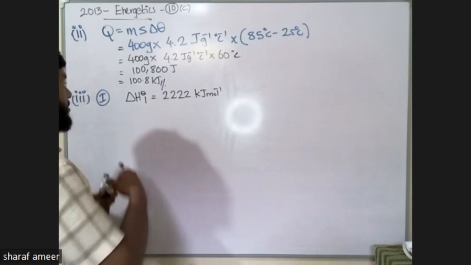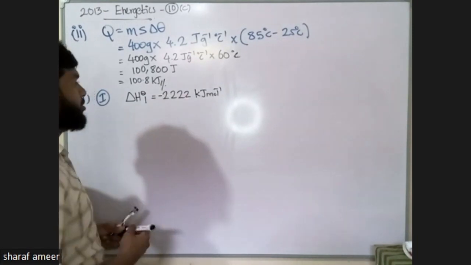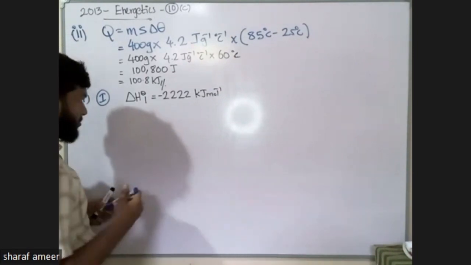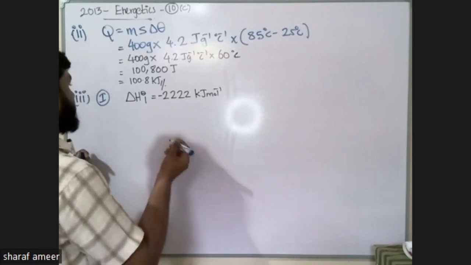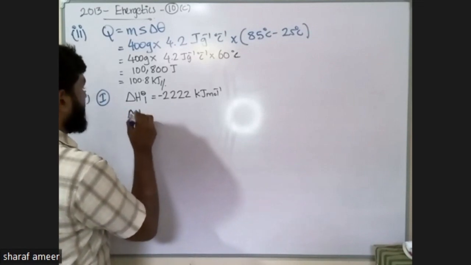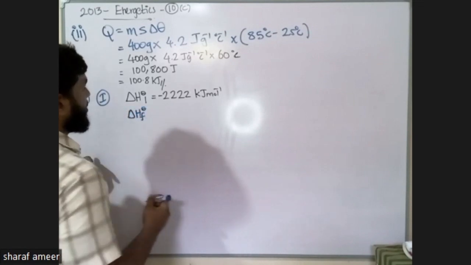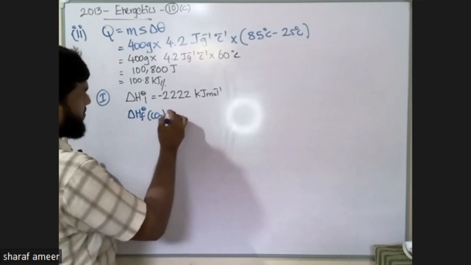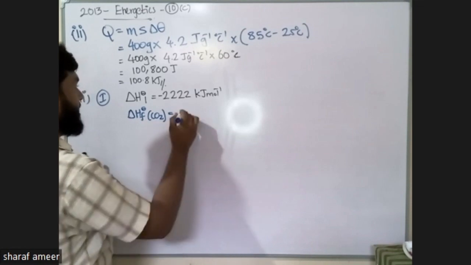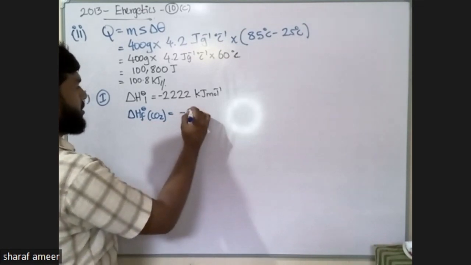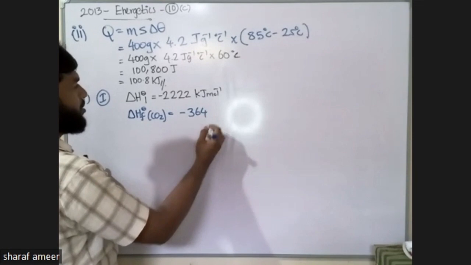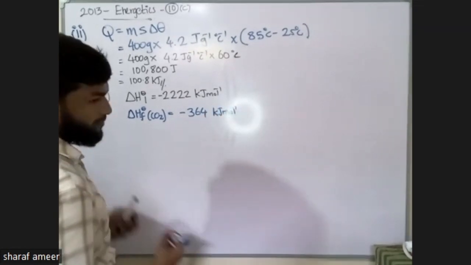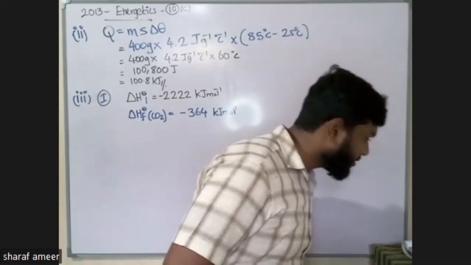If you see the formation enthalpy of carbon dioxide, carbon dioxide gas, that is minus 394 kilojoule per mole. Sorry, 394.